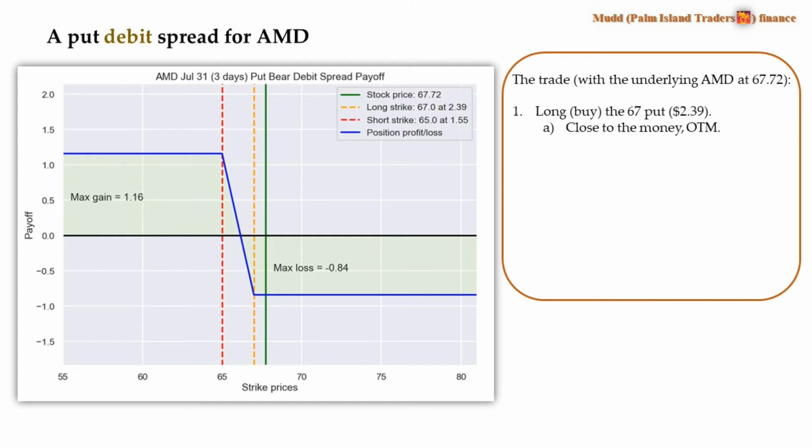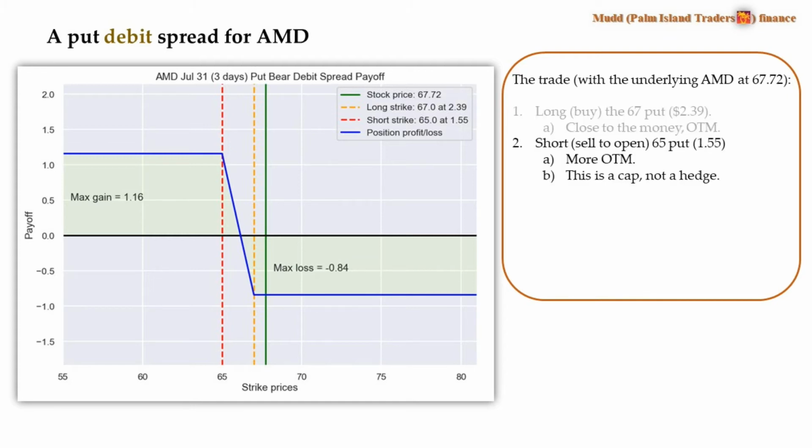The underlying was trading at 67.72 when we did this. So step 1, buy the 67 put for 2.39. That's close to the money, out of the money. Step 2, short or sell to open a 65 put for $1.55. That's more out of the money.